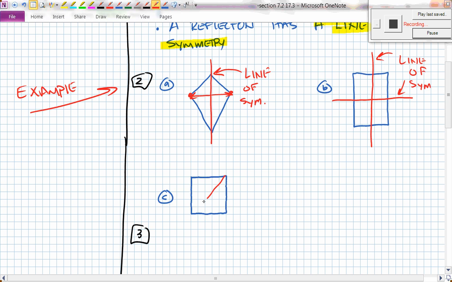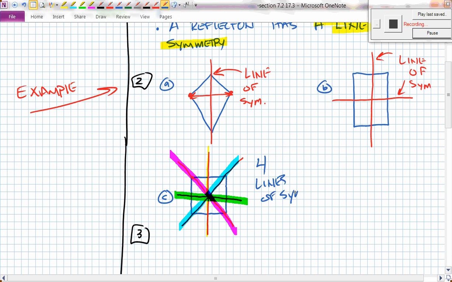In this case, the diagonals do act as lines of symmetry, because if I take a point and reflect it on the other side, it lands on the square. Where's the other one? Down the middle, and the other middle. And then this diagonal as well. Let's see: this is 1, this is 2, this is 3, and this is 4. So a square has 4 lines of symmetry.